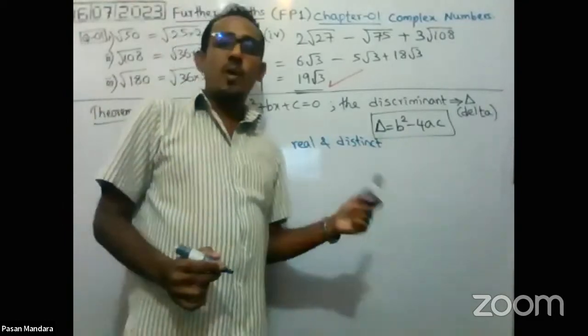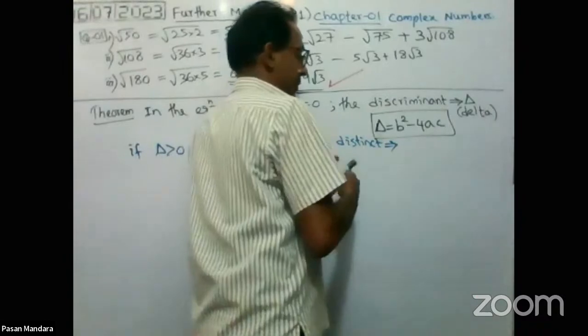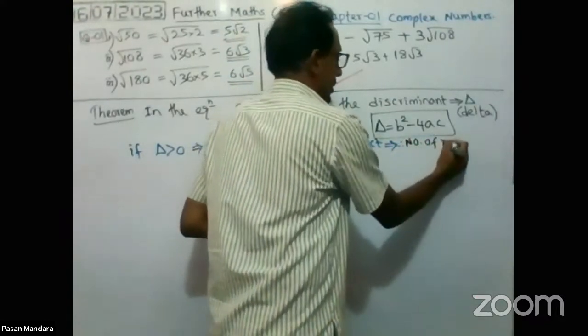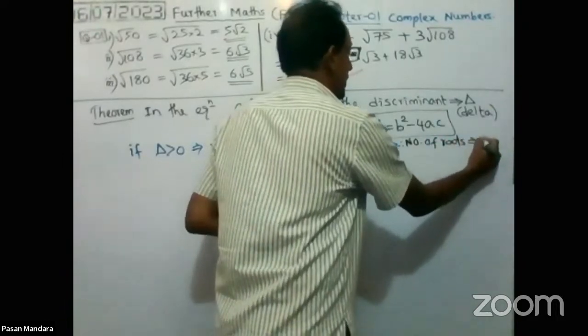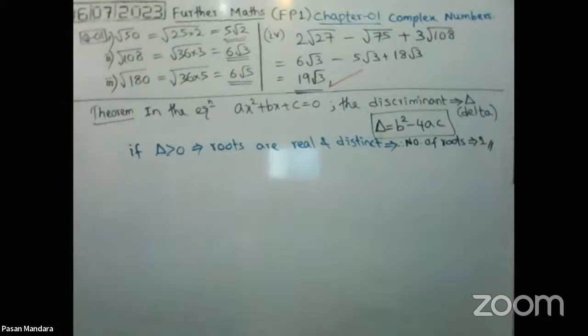Distinct means different. So you are getting two different roots. So the number of roots is two, right? Number of roots 2. Number of real roots.